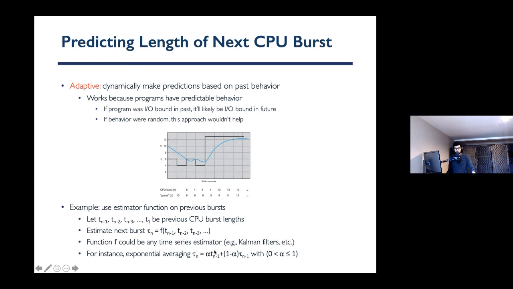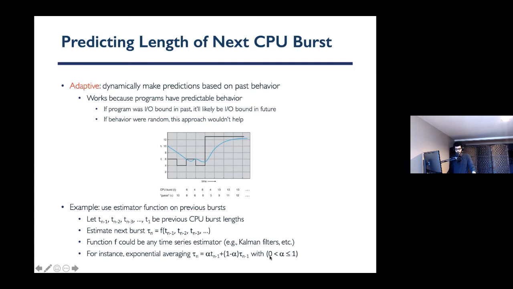So if your CPU burst last time was 2 milliseconds, this prediction says your new one is going to be 2 milliseconds as well. Now, if you move alpha close to 0, you're going to actually disregard the previous one.